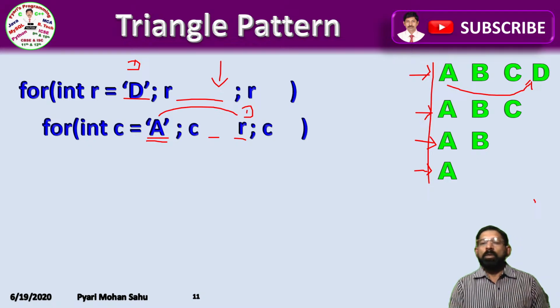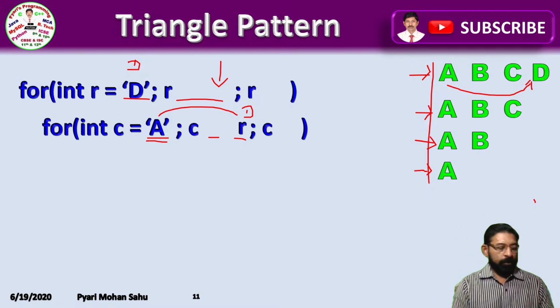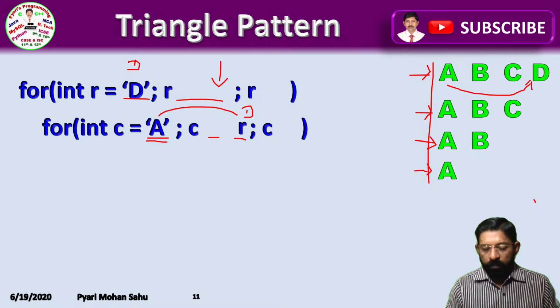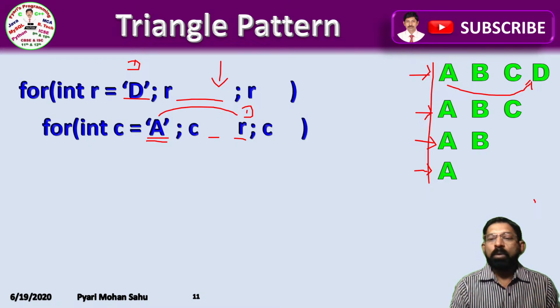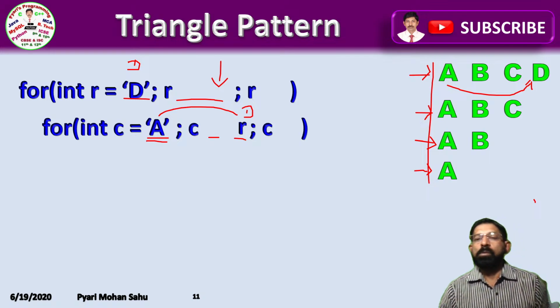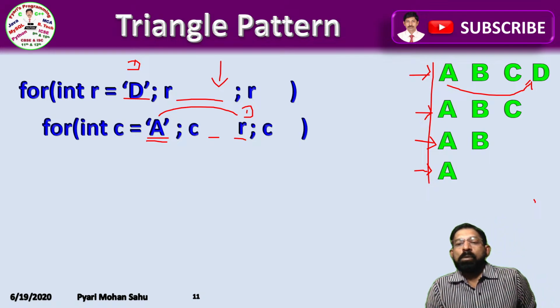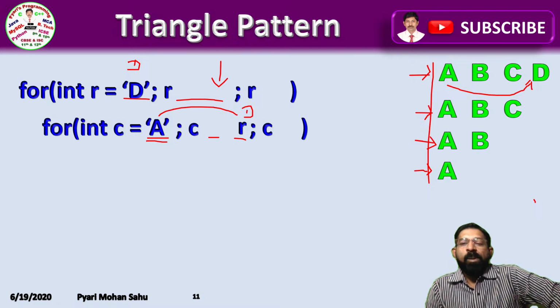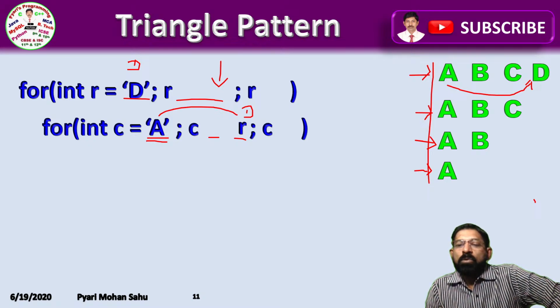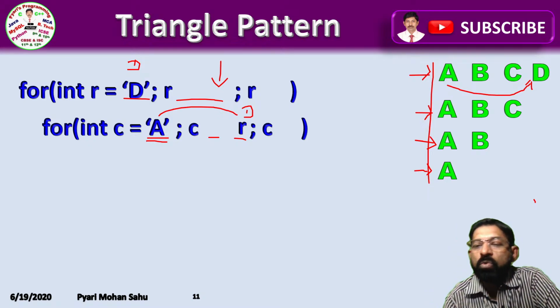So, stopping condition for R. R is 68, greater than or equal to how many times I told you, Swagat?